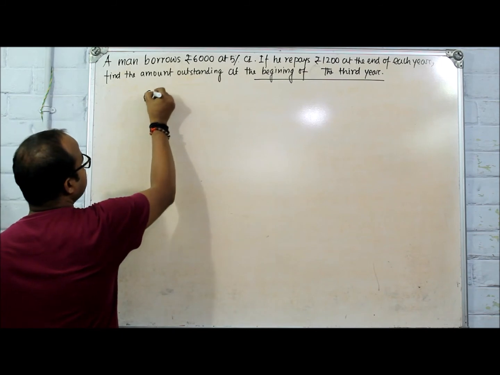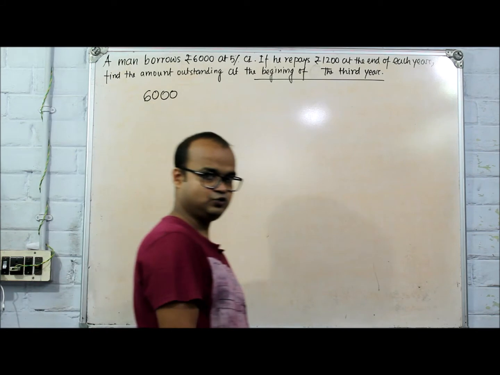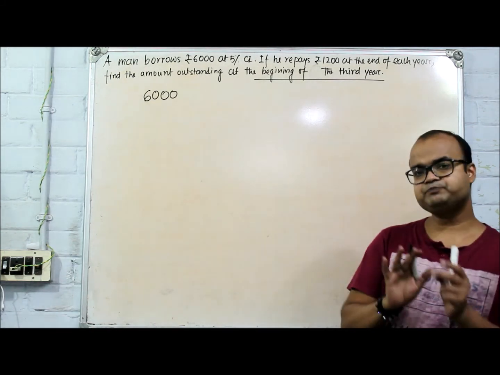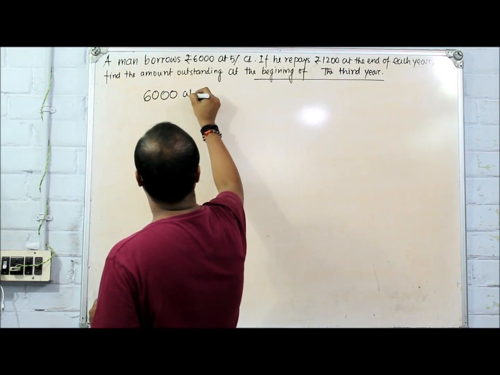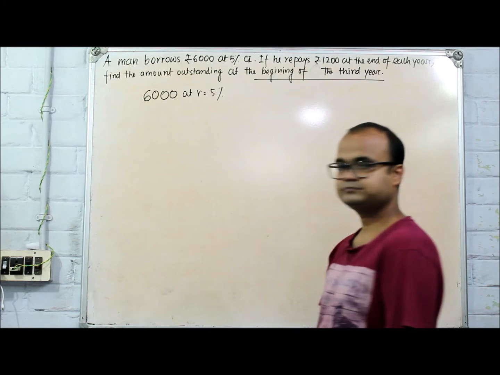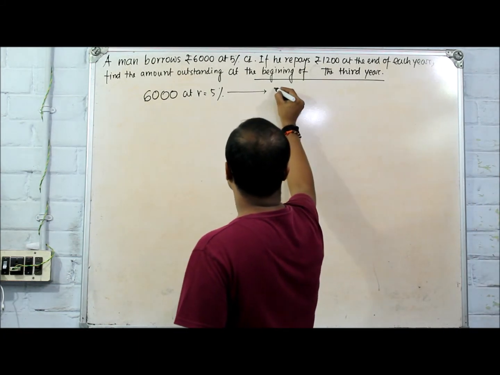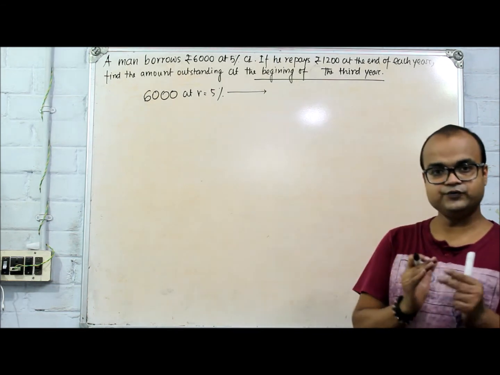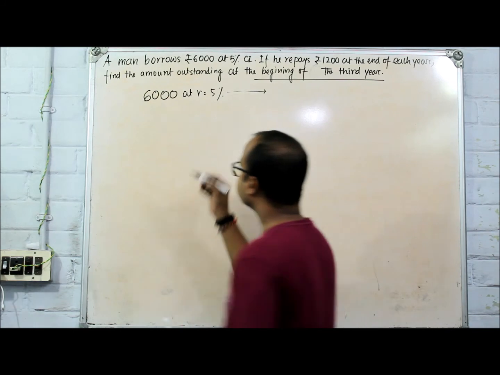Suppose a person takes a loan of 6,000 rupees and the financial institution is charging a rate of 5% per annum. So at the end of first year, he needs to pay a certain amount.